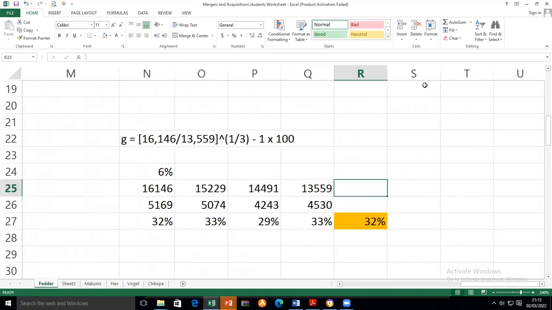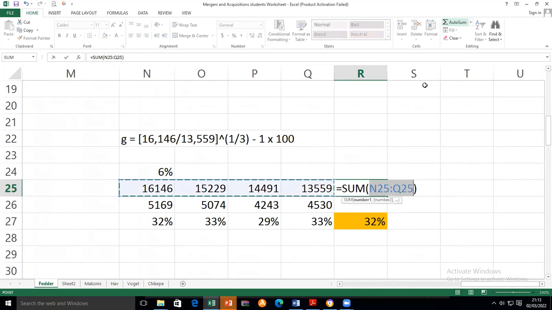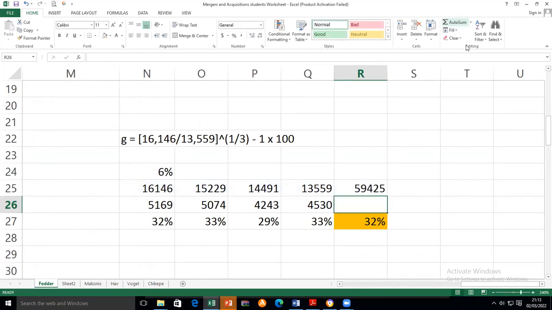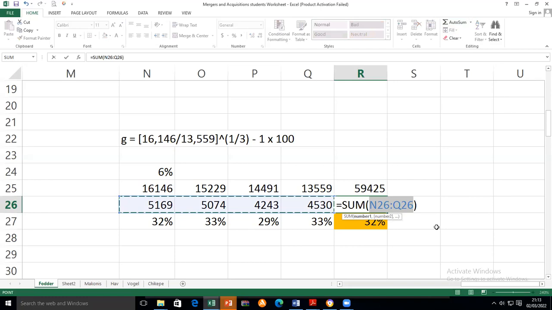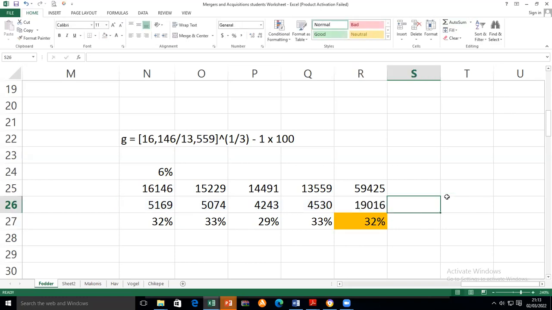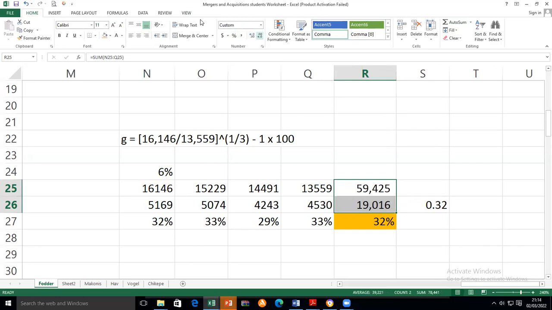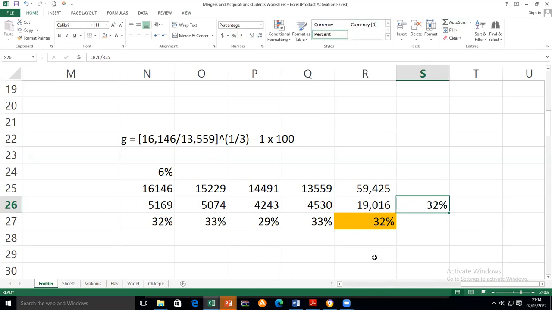Let's add up the figures together, and then you simply say, that divided by that. I'm getting 32 again. So if I use the totals here, I still get the same answer of 32%. If you do the individual ones, you get the same.